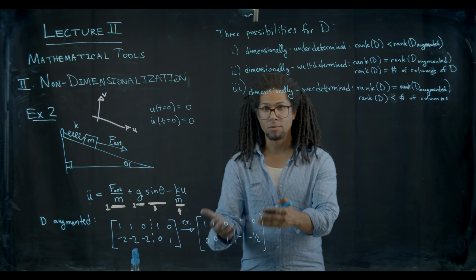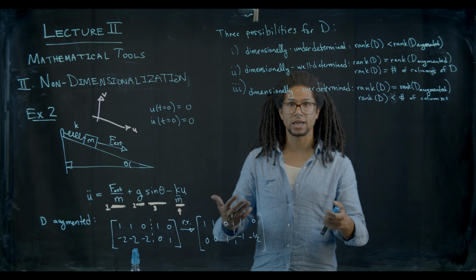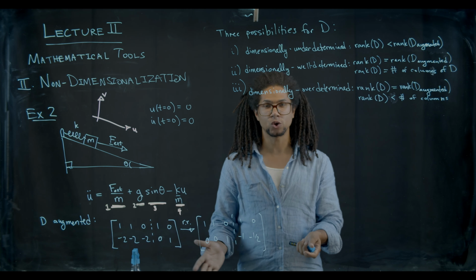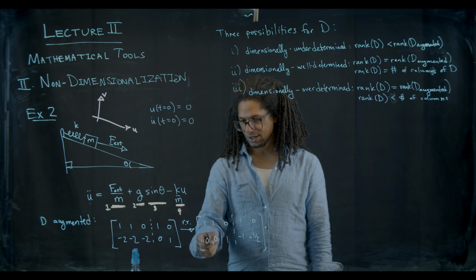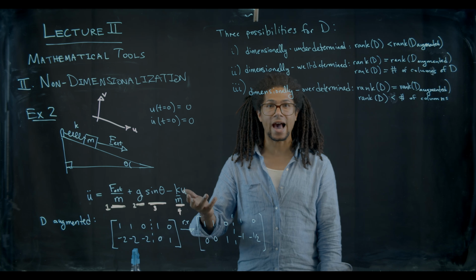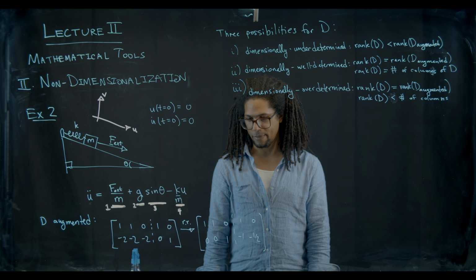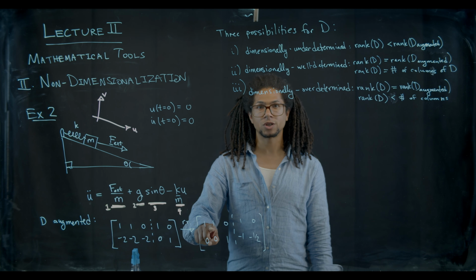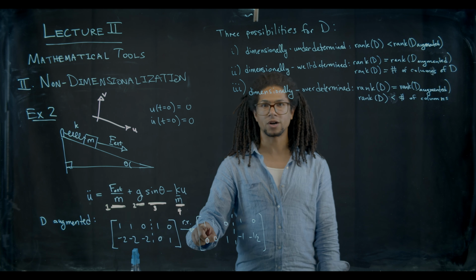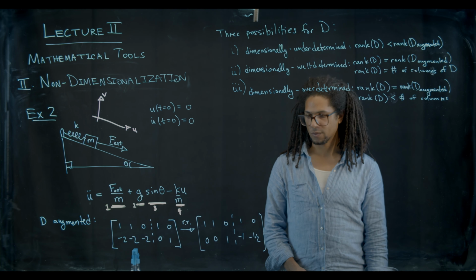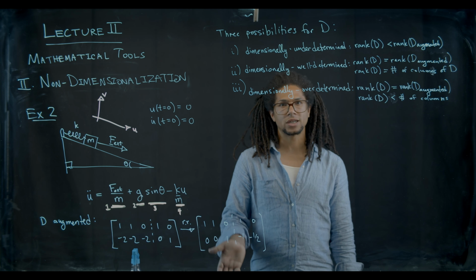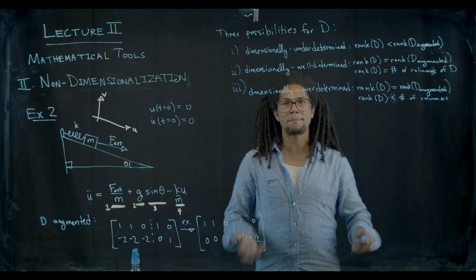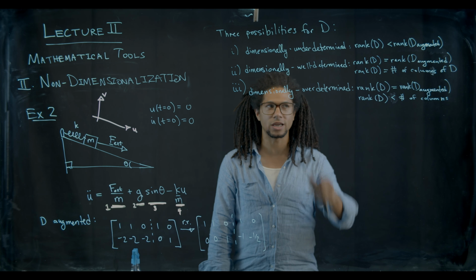Notice that the maximum number of linearly independent columns is 2 in this case, because we only have 2 rows. And we have 1, 0 here and 0, 1 here. So we have 2 linearly independent columns, say 1 and 3. But column 2 is not linearly independent from column 1. It's exactly the same as column 1. Similarly, augmenting the matrix doesn't increase the rank because we've already hit the maximum number of possible linearly independent columns.